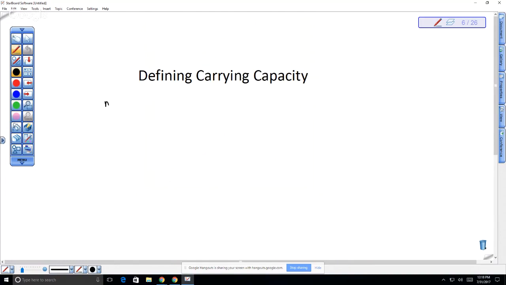So this is the max number of individuals that can be maintained in a population. This is a definition from your book: that can be maintained sustainably, and so indefinitely.